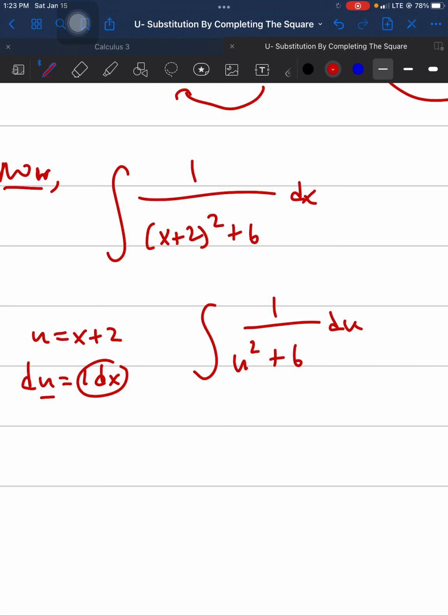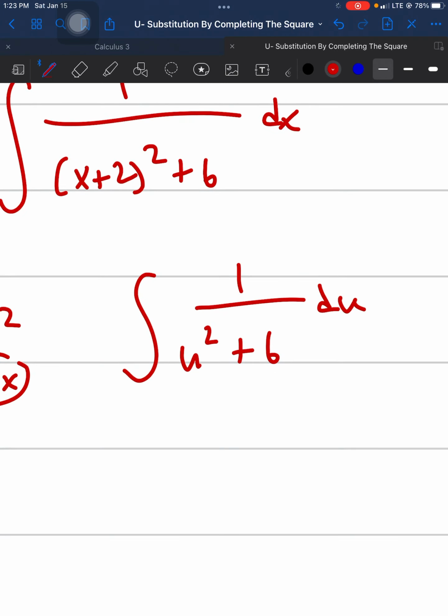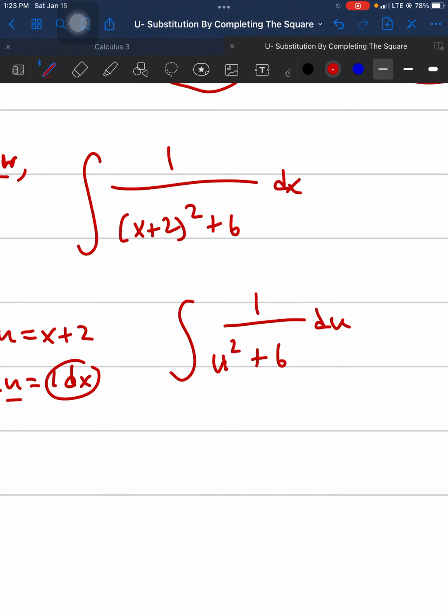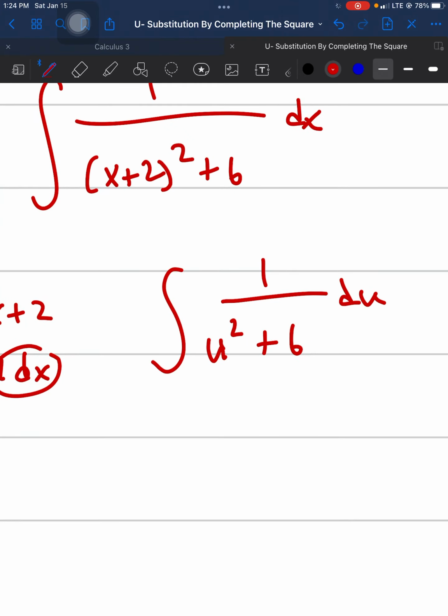So now when we get to this point, we can't just integrate this looking at it the way it is. So based off of the integral table, there's going to be an integral of tan inverse, a form of integral that's going to allow us to integrate this.